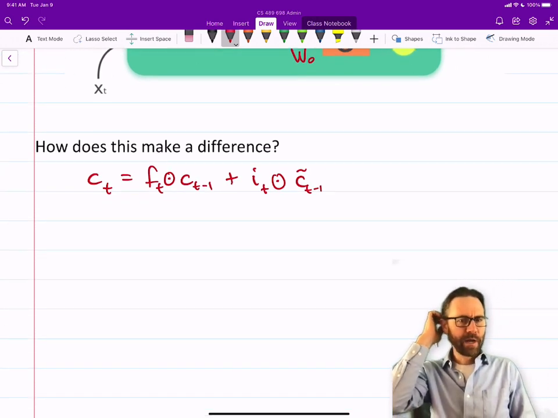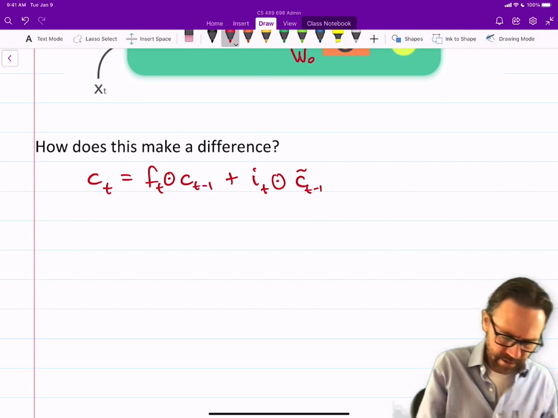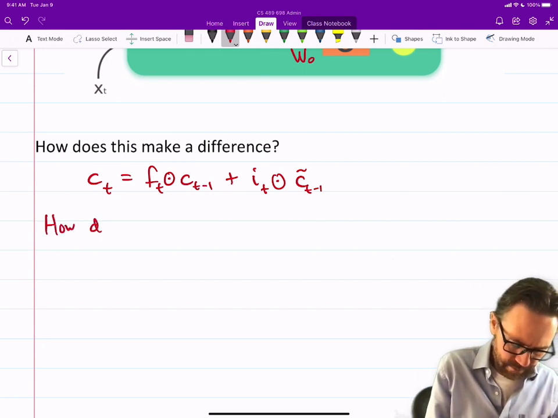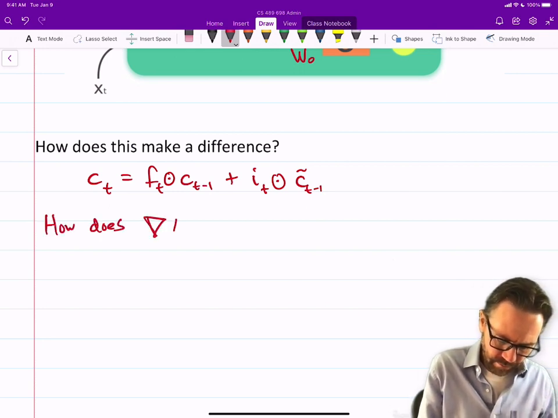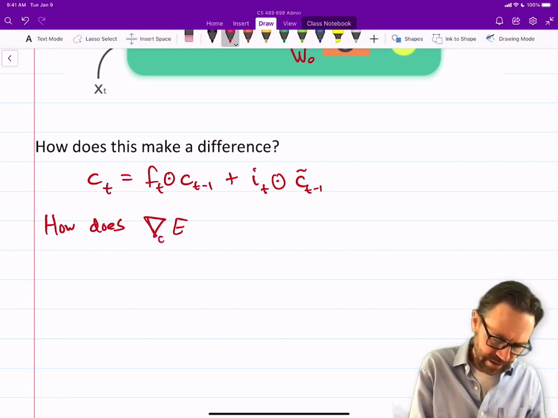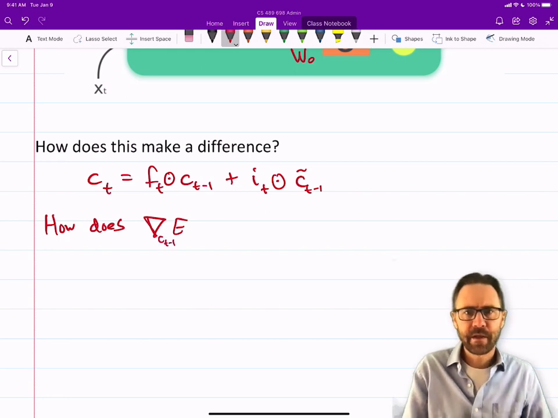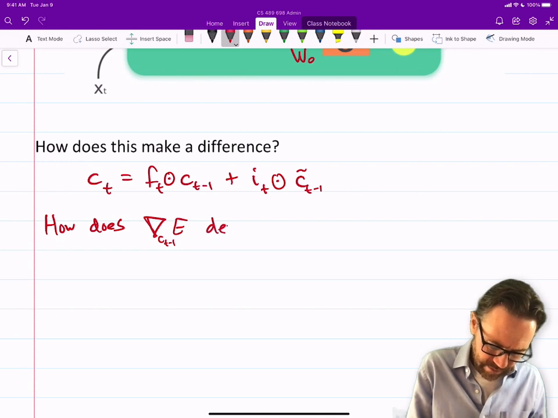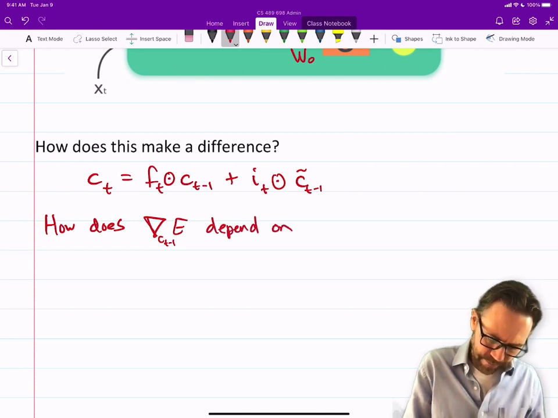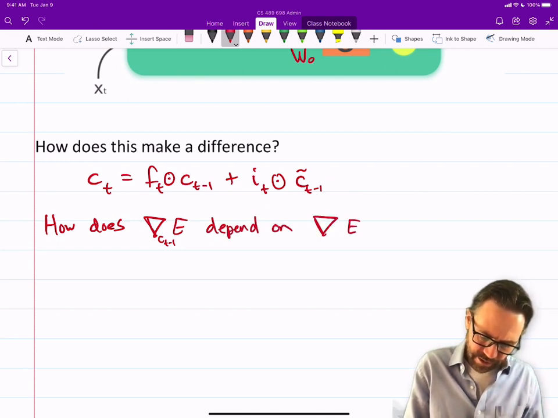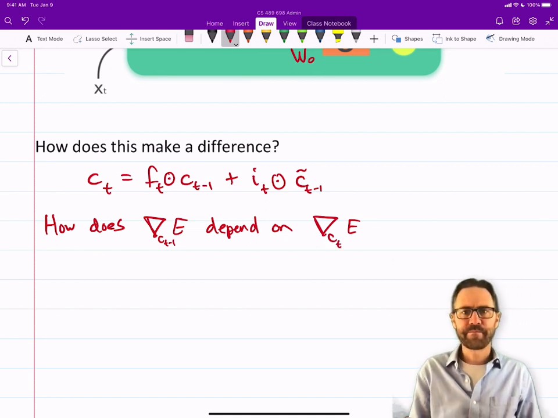So how does the gradient of E with respect to c_{t-1} depend on the gradient of E with respect to c_t?